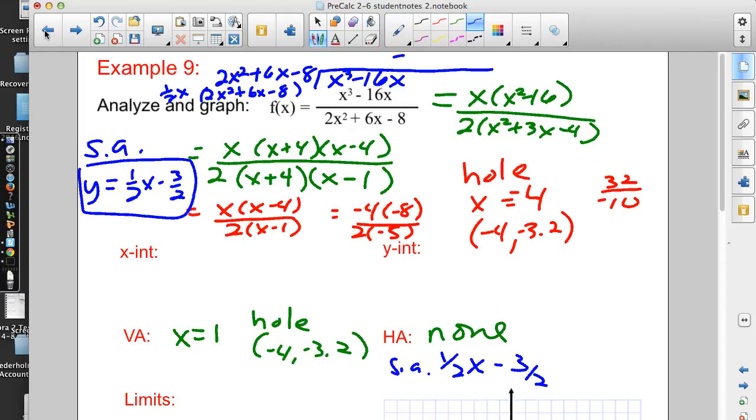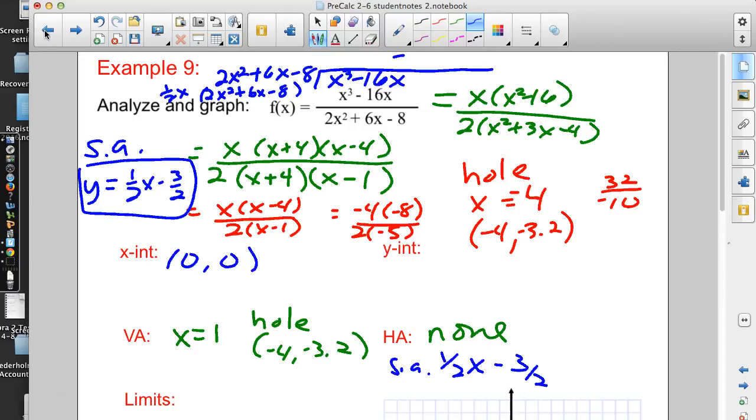All that stuff. I believe we only have 2 minutes. We're not gonna get this done in 2 minutes, but let's see what we can do. X-intercept. When will y be 0? Be careful. 0 and 4.